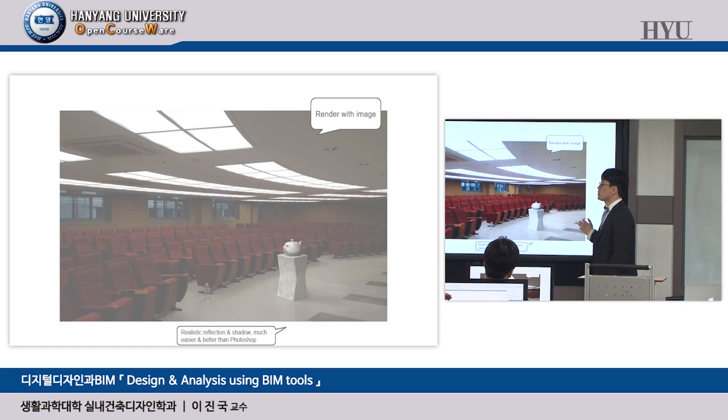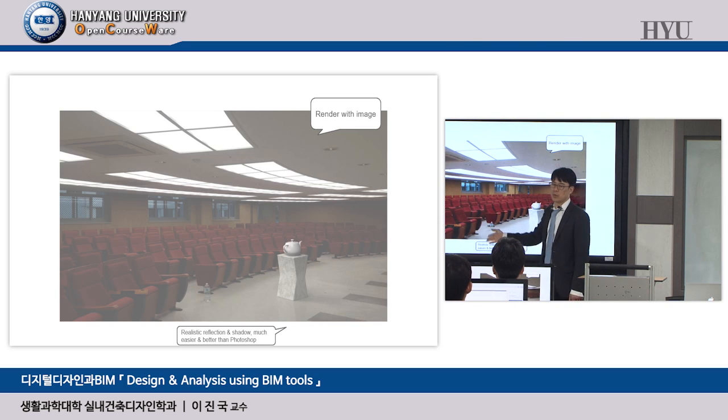How about this matte shadow reflection map? Take a look. This is a 3D Max object or your design scheme, and the background shows your picture. If you have some remodeling or furniture design, something new, what if you can make a composition of your object with an existing picture?